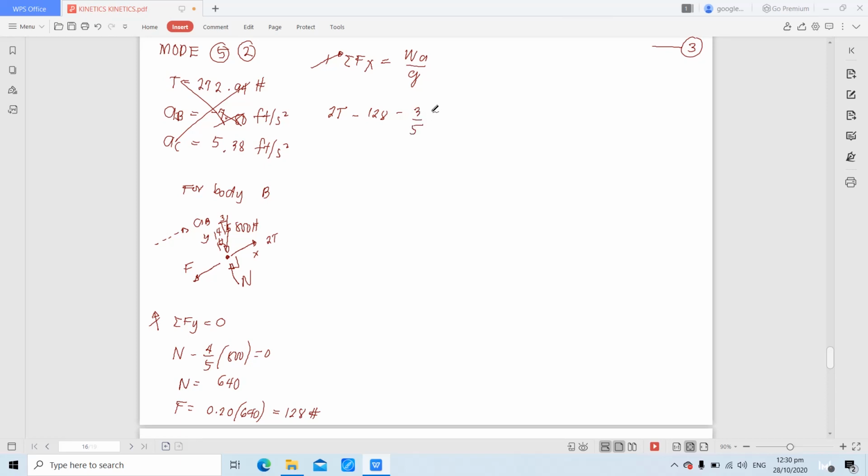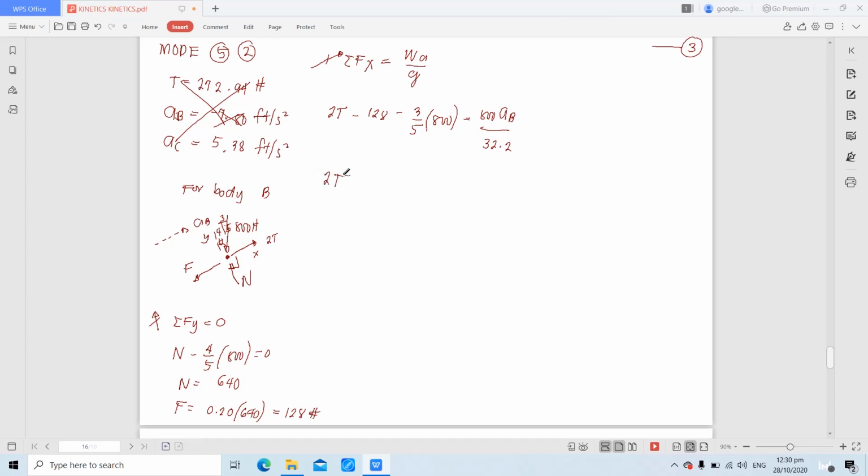3 over 5 of 800 pounds. And then, naka-equate kay W, 800, acceleration of B over 32.2. So, combine the unknown terms. Ito, lipat mo lang, maging minus. Ito, lipat mo sa kabila, maging positive sila.